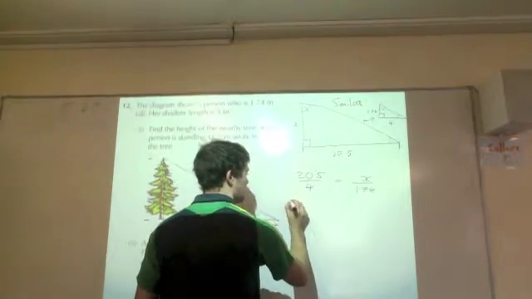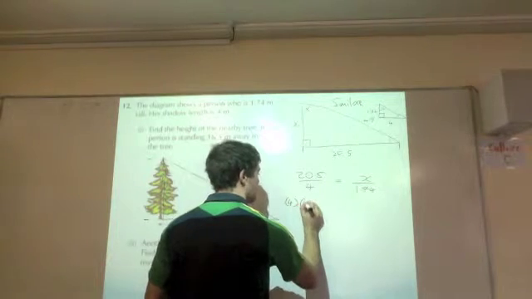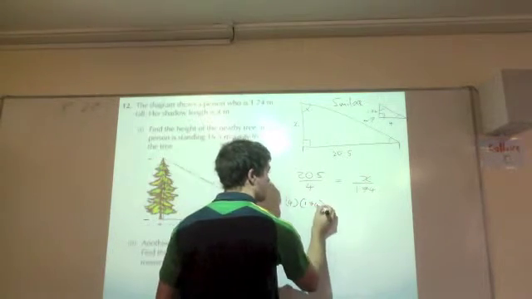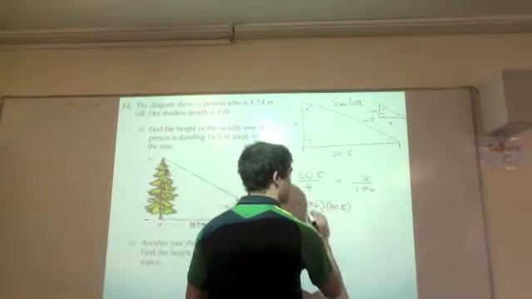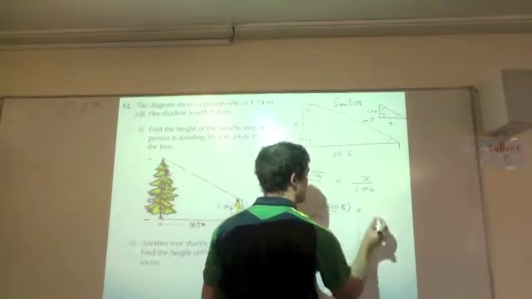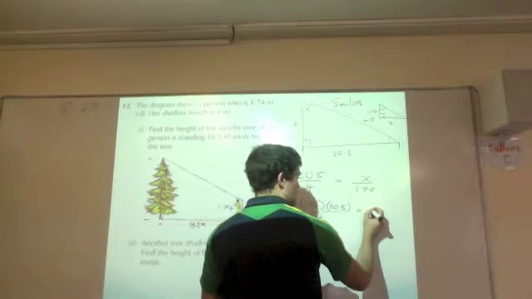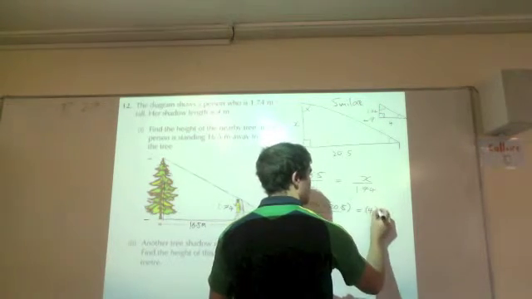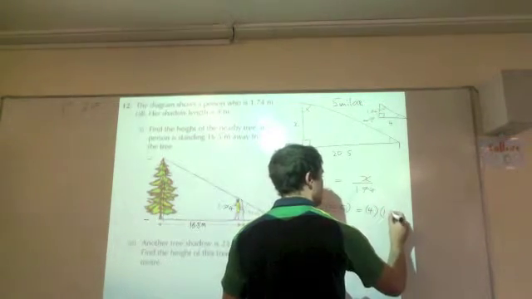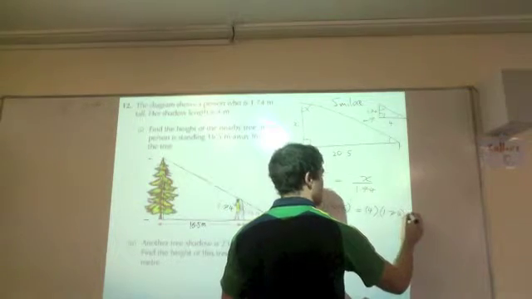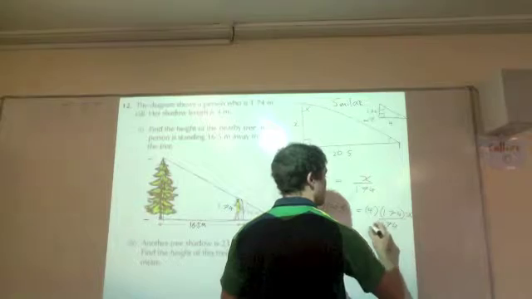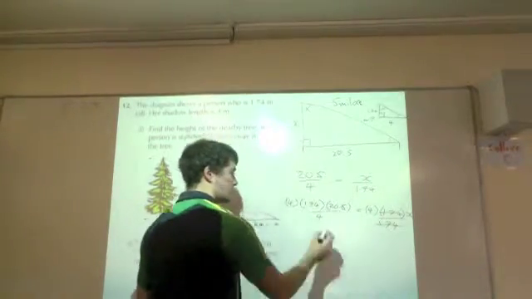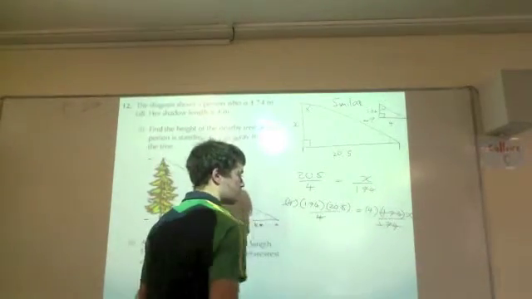So 4 by 1.74 by 20.5 all over 4 is equal to 4 by 1.74 by X all over 1.74. This should cancel here, and 4 cancel here.